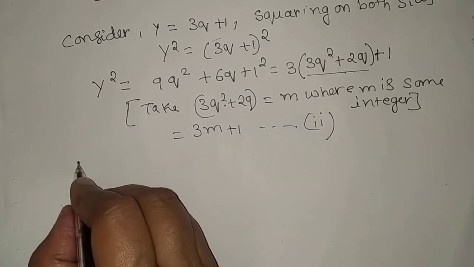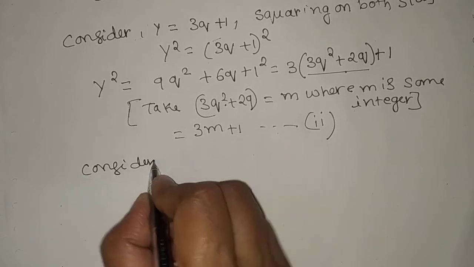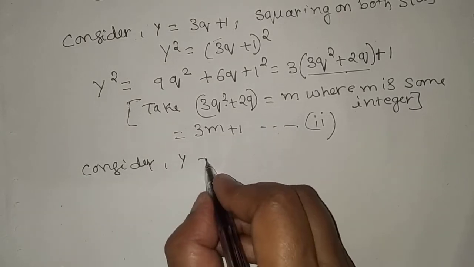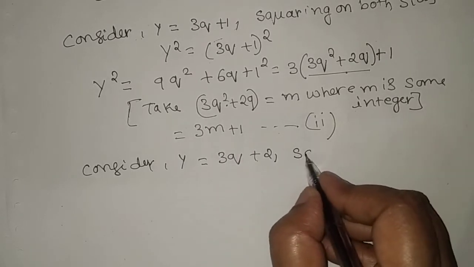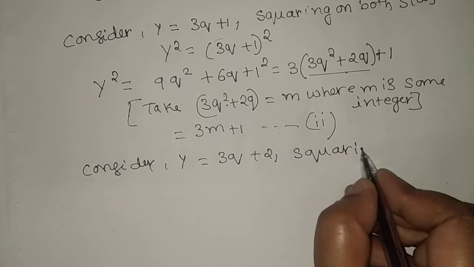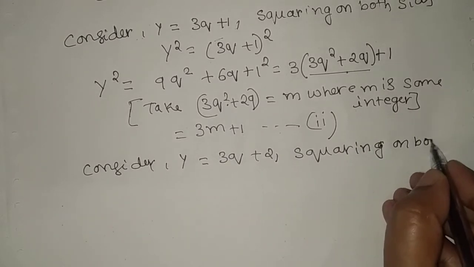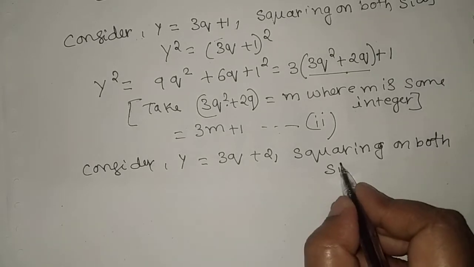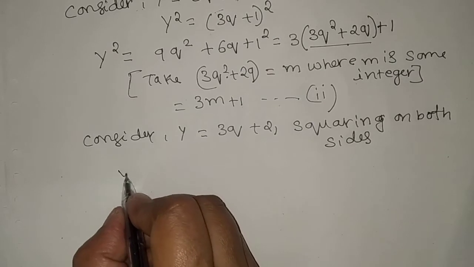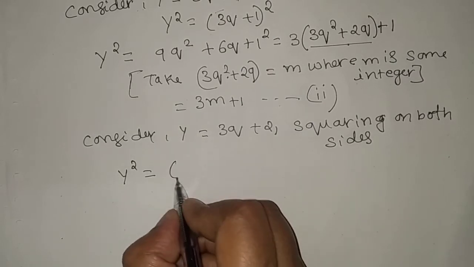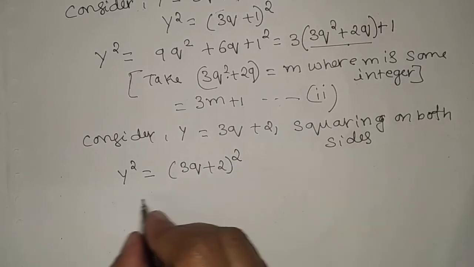Next step is consider y is equal to 3q plus 2, squaring on both sides. Squaring on both sides, y square is equal to (3q plus 2) whole square.